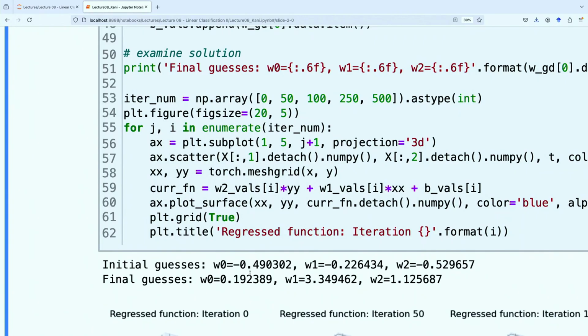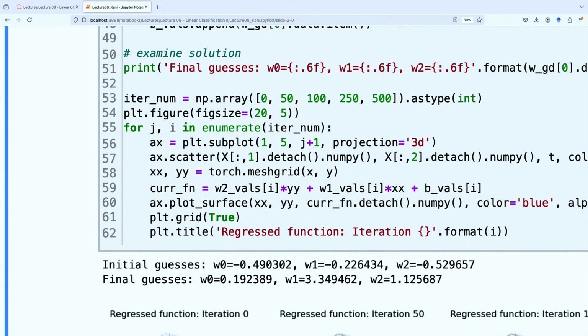That's only because we're adding some random noise that biases the data set one way or the other, because we have a limited number of points. So we don't get exactly what we have in the synthetic data set, but we get something very close, especially with the slopes.